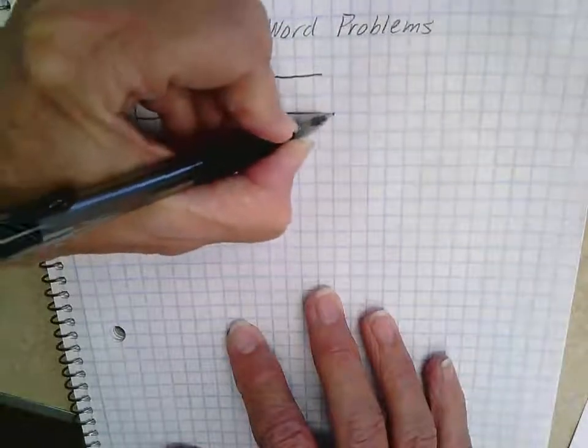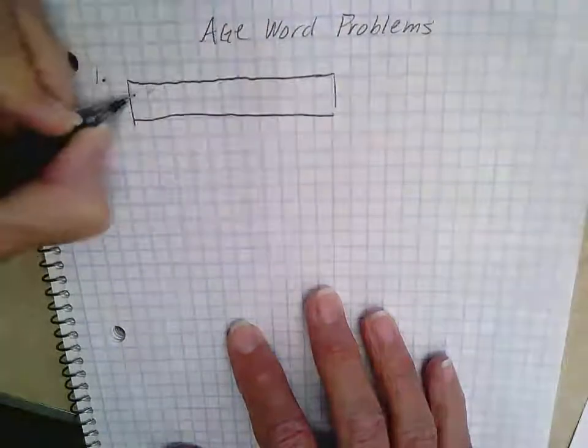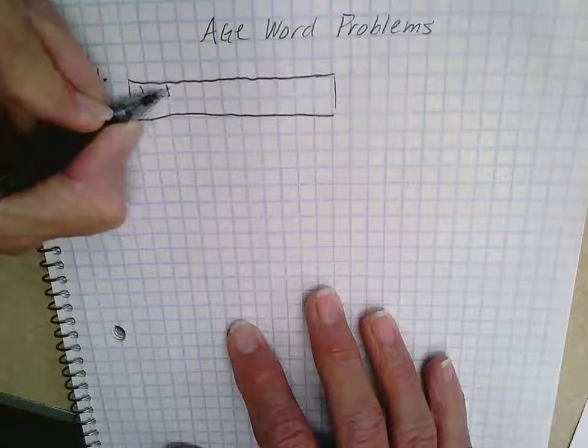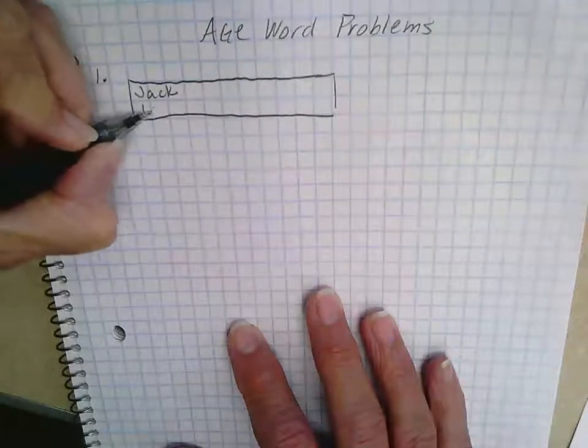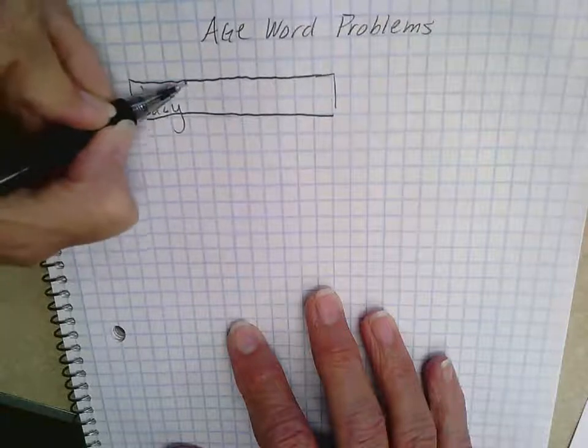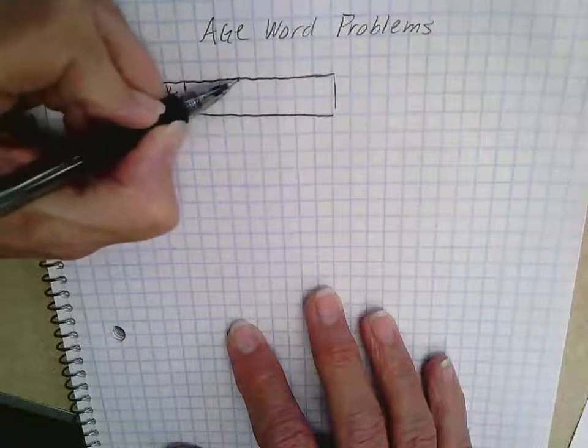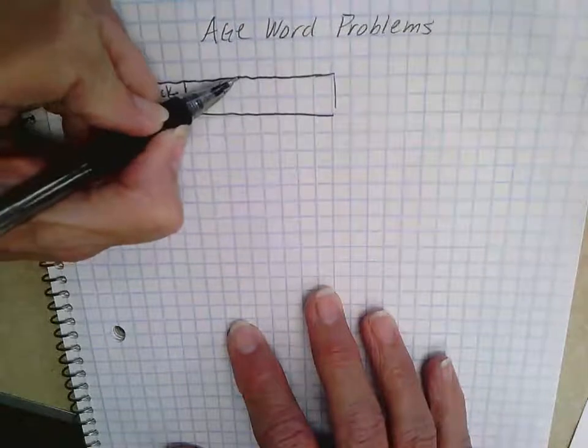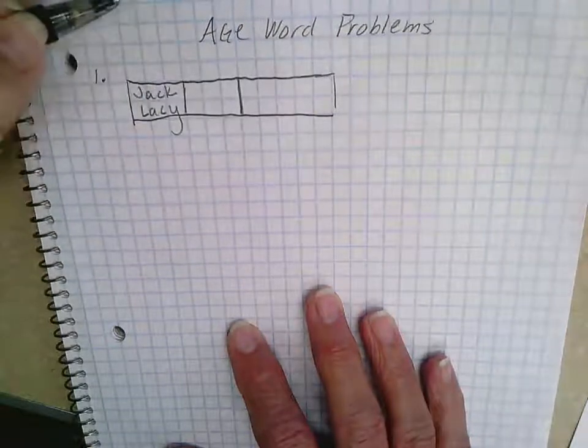Because I have two people, I'm going to have 2 rows. Lacey is spelled that way. And I'm going to divide the remainder of the bar up into 2 parts.